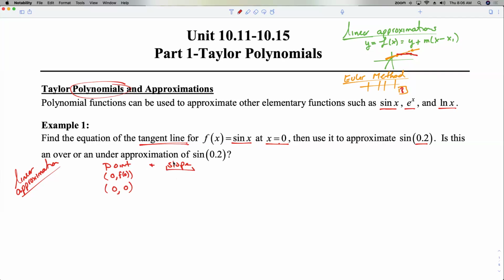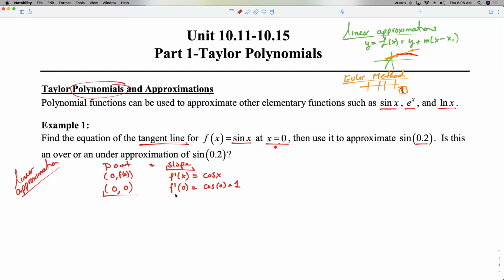To figure out the slope, we have to find the derivative. The derivative of sine of x is cosine of x. Once we find the derivative, we plug in the point we want to approximate around, and cosine of 0 is 1.